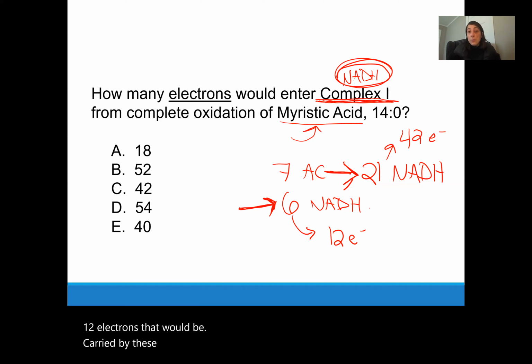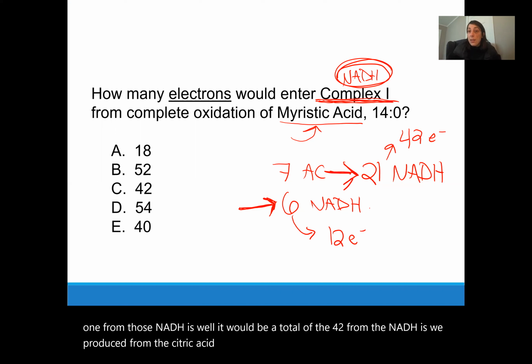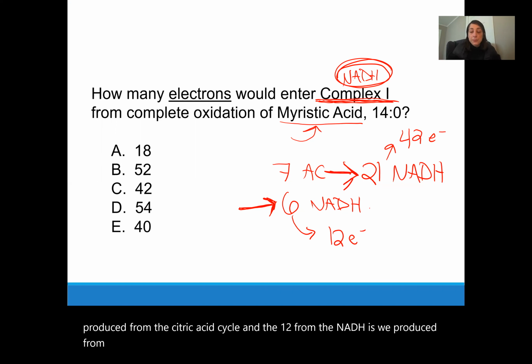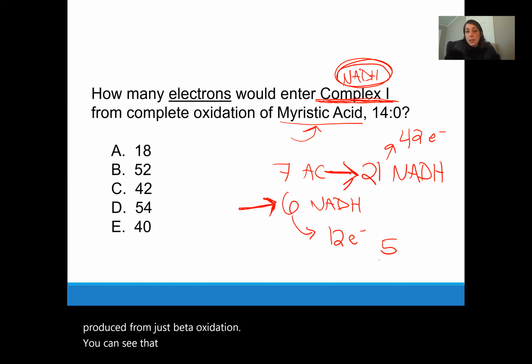So for complex 1, how many electrons actually enter complex 1 from those NADHs? Well, it would be a total of the 42 from the NADHs we produced from the citric acid cycle and the 12 from the NADHs we produced from just beta oxidation. Which you can see that is going to be 54 electrons.